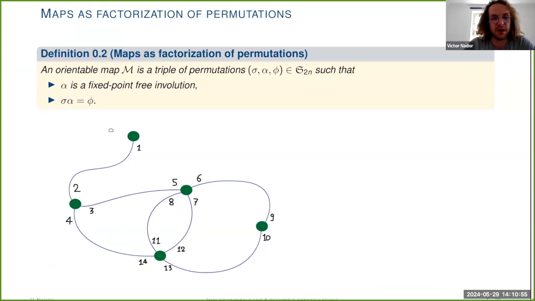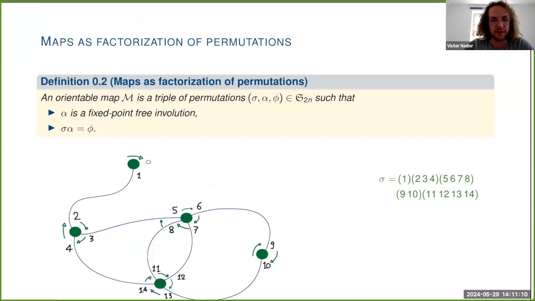So if you are given a map, how do you find this triple of permutations? Well, first you label all of the half edges from 1 to 2n. So here I have 7 edges, so my indices range from 1 to 14.